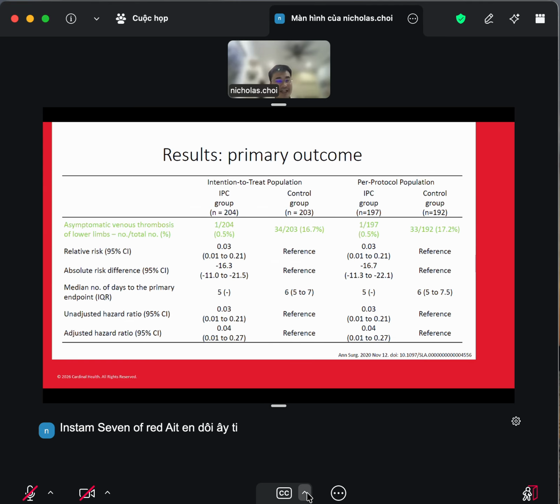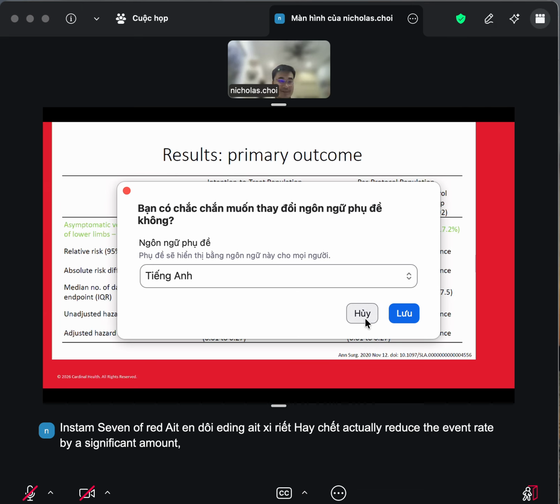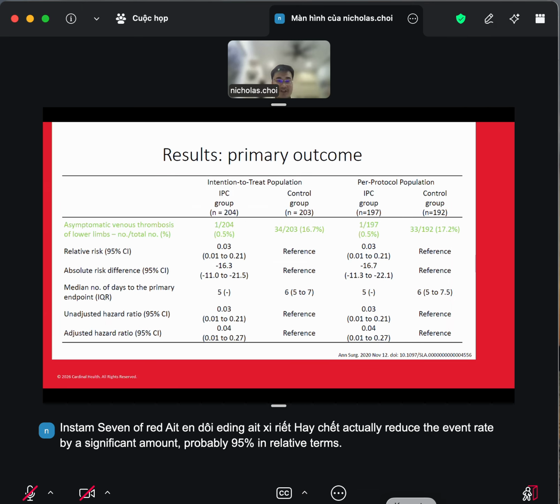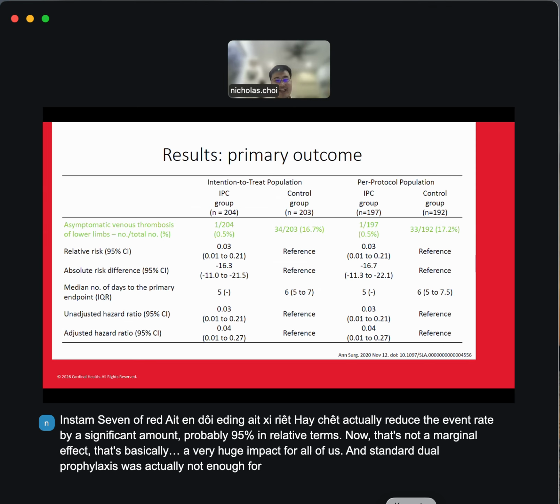So basically, adding IPC actually reduced the event rate by a significant amount, probably 95% in relative terms. Now, that's not a marginal effect. That's a very huge impact for all of us. And standard dual prophylaxis was actually not enough for this population, and IPC was basically the difference here.